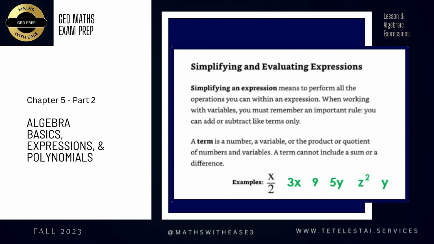So again, based on our definition, a term is a number, a variable (here's a variable on its own, y), a product, so 3x, 5y, those are terms, or a quotient, x over 2. And I included z squared as well, because this is also an example of a term that you'll see quite often, a variable raised to a certain power, in this case 2.